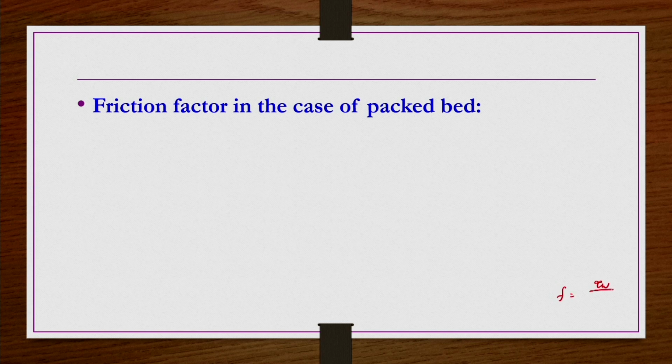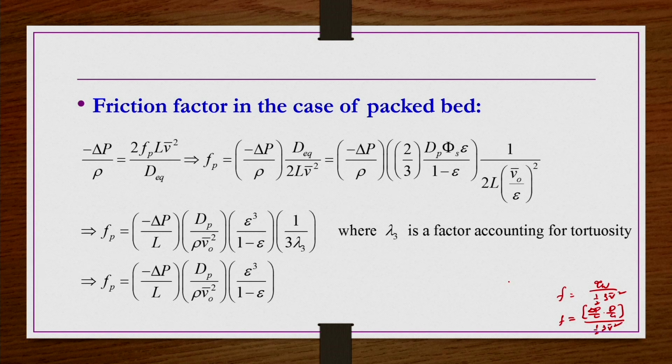We have tau w by half rho v bar square, and this tau w is nothing but delta p by L into d by 4, for a Newtonian fluid flowing through an empty column, divided by half rho v bar square as it is.